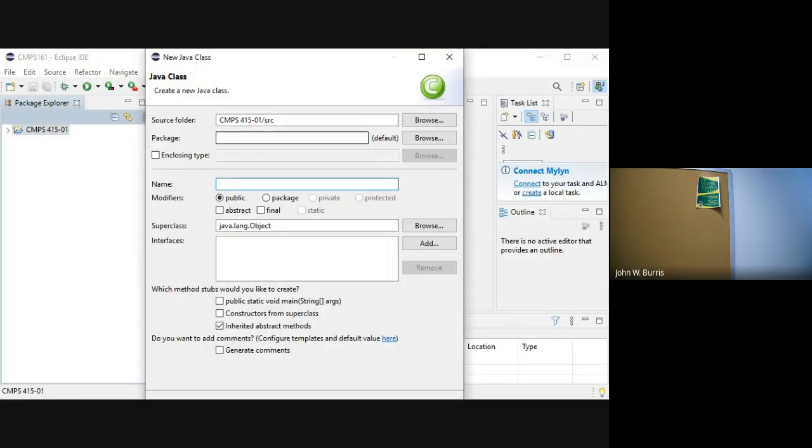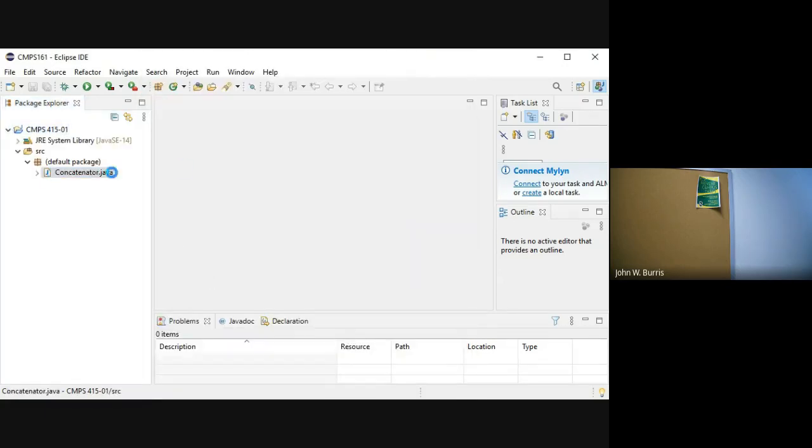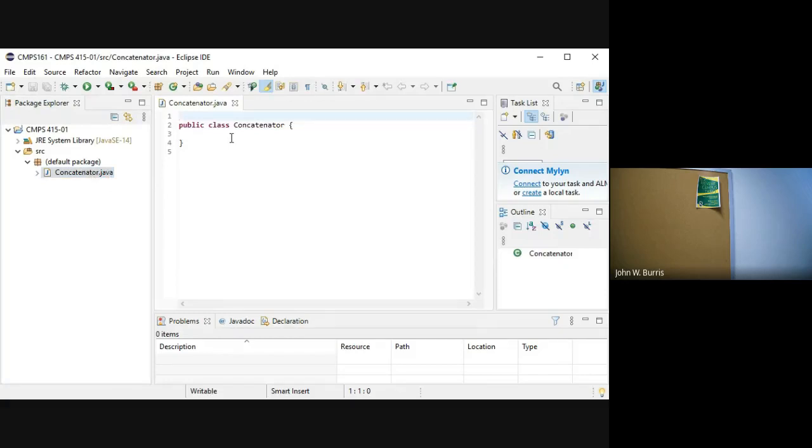So I'm going to do one called Concatenator. And I'm not going to have a main method inside of it. Okay, so I'm going to hit finish without the main, and it's going to give a default class here. And inside of it, I'm going to make a basic function.